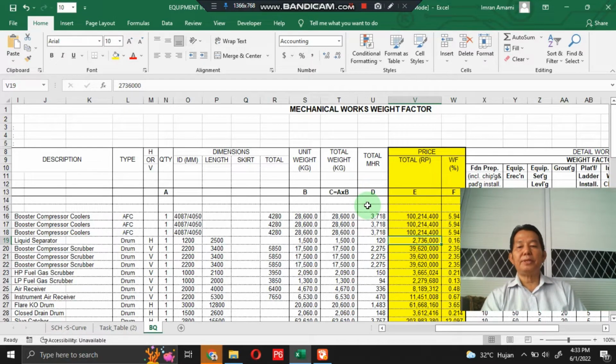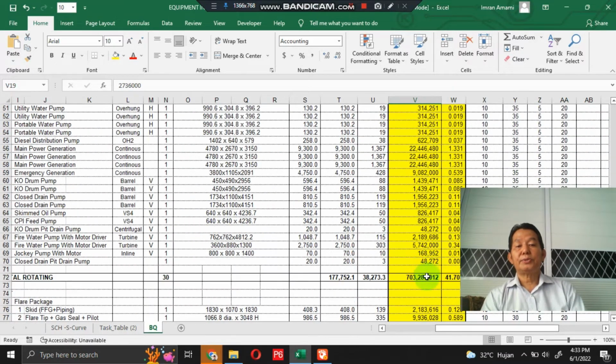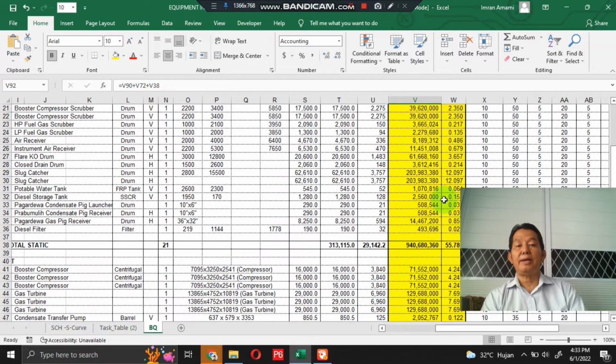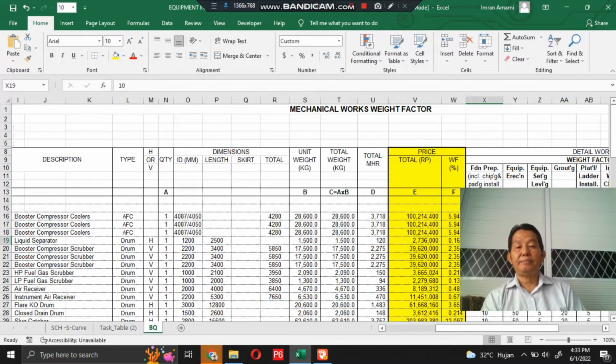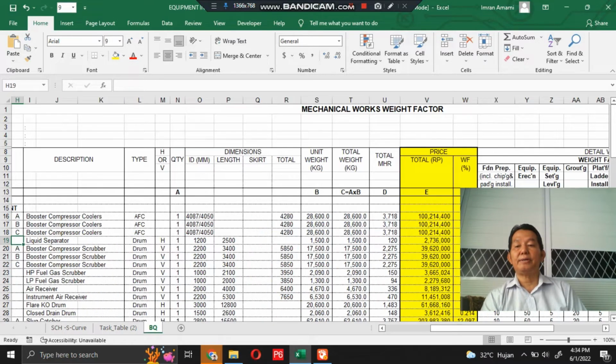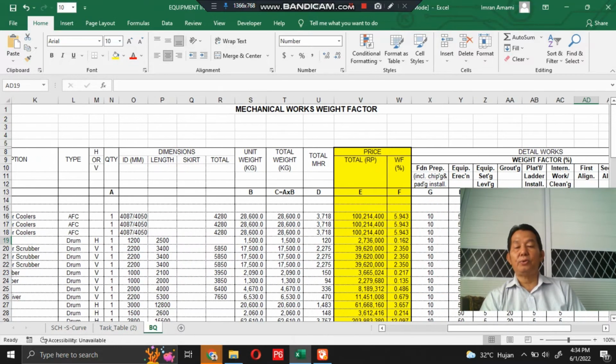To get the weight factor based on contract, we divide the total contract price for liquid separator by the total contract price in cell V92, then multiply by 100, and we get the weight factor based on contract for the work item liquid separator, and so on. The same applies to other work items.